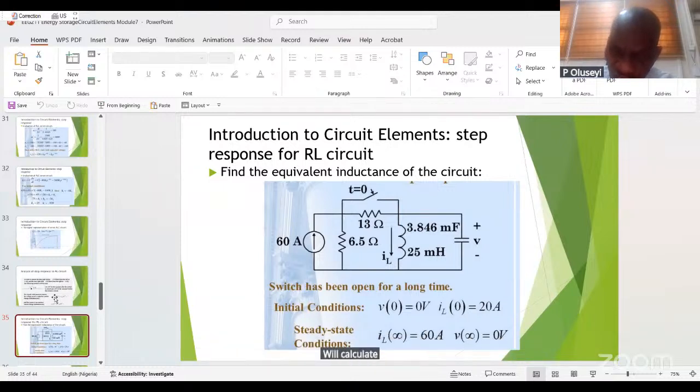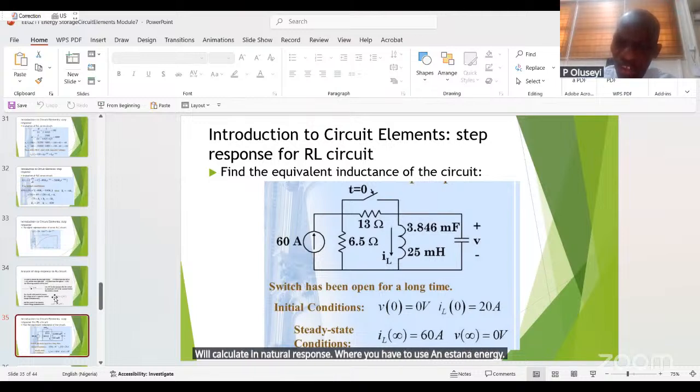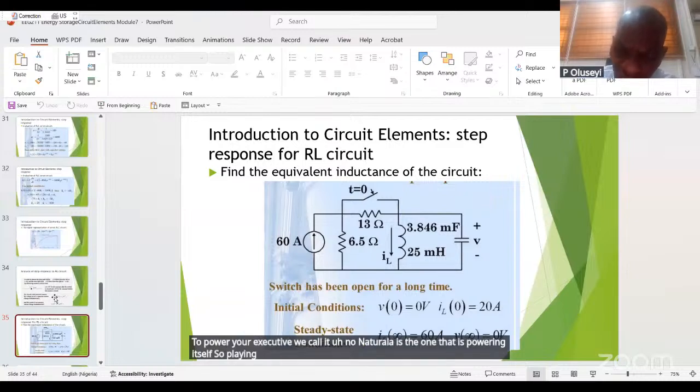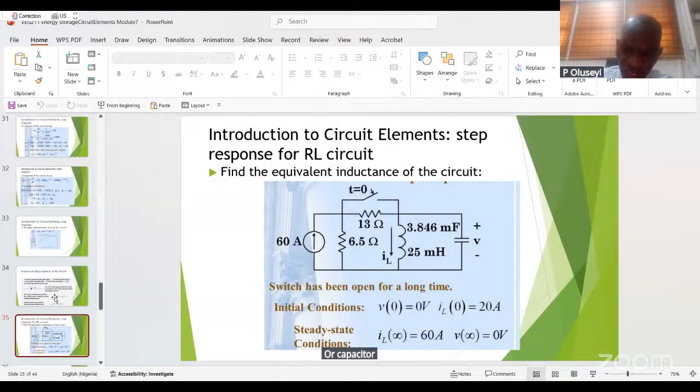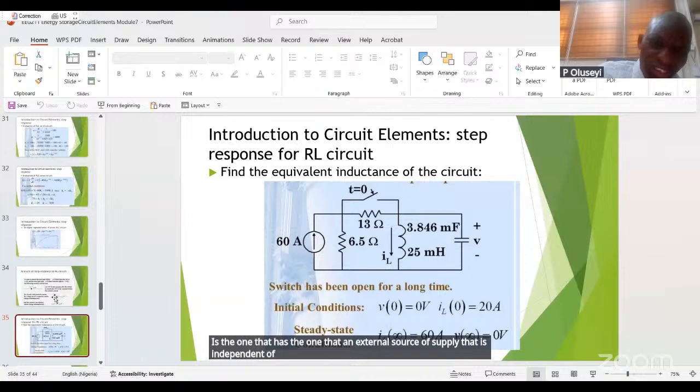Natural response is the one that is powering itself, supplying this energy through energy stored in an inductor or capacitor. And the first is the one that has an external source of supply that is independent of whatever you have in the circuit.